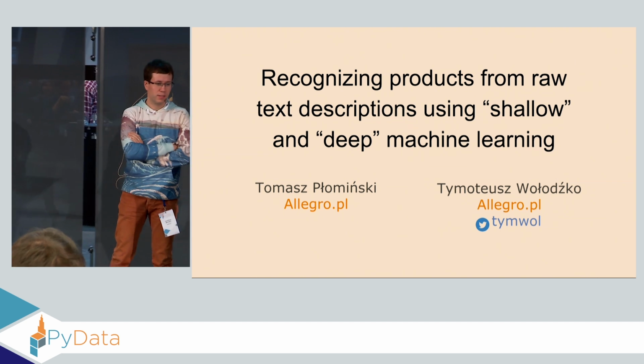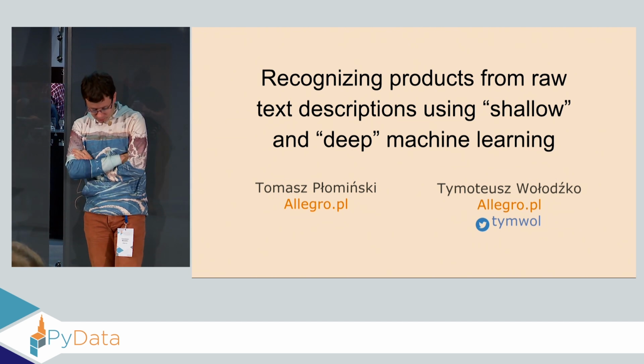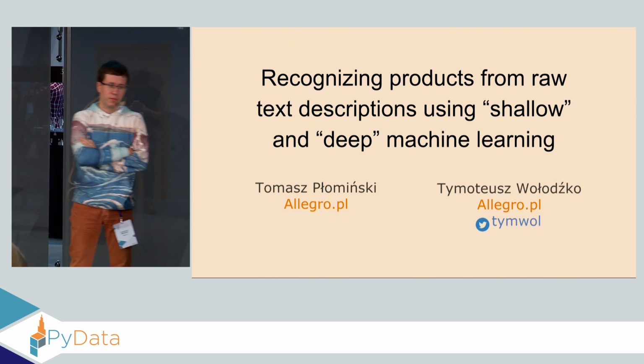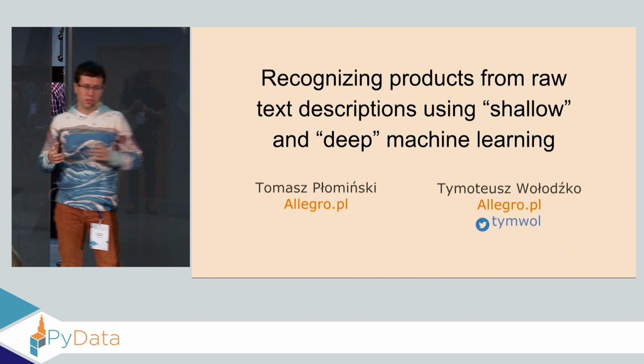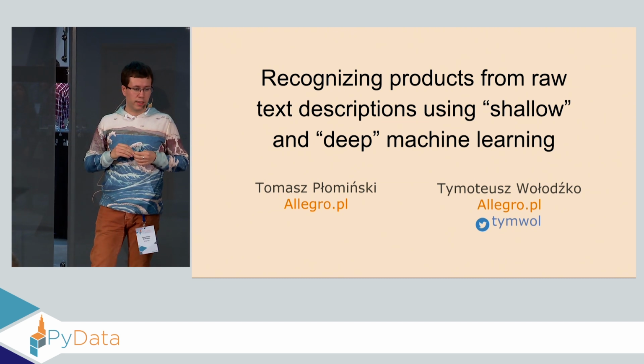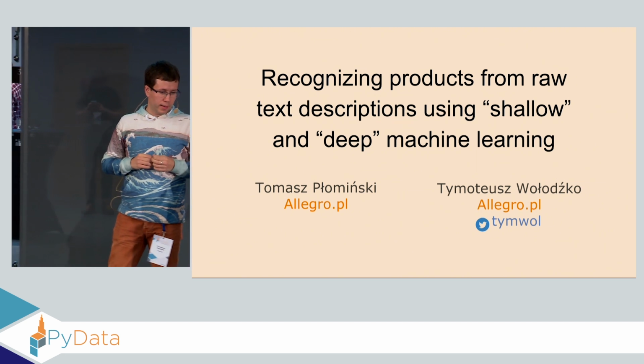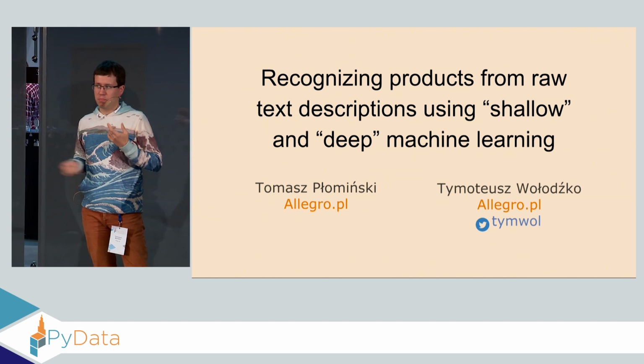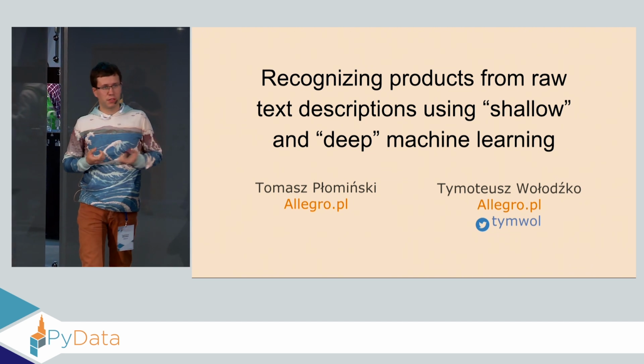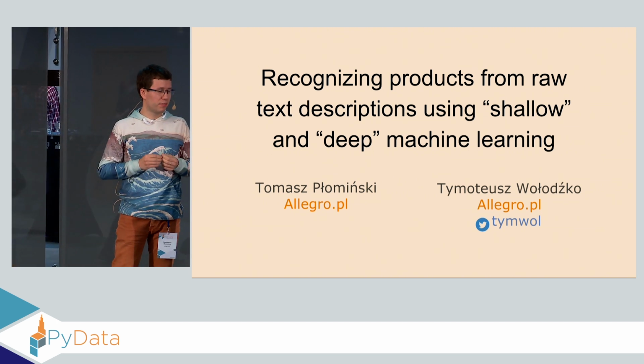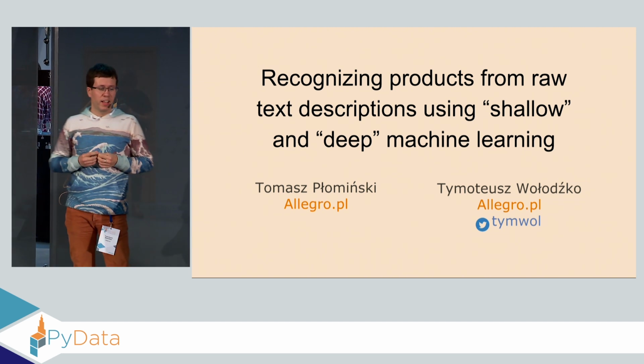We are going to talk about recognizing products from descriptions, basically from names of the offers on our site. And I think most of the talks you will hear today would be some kind of success stories.